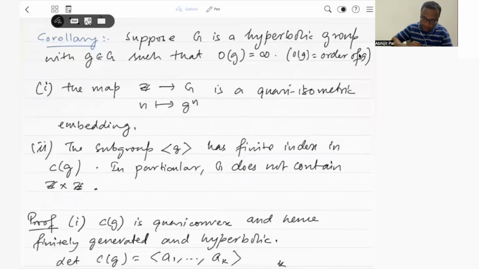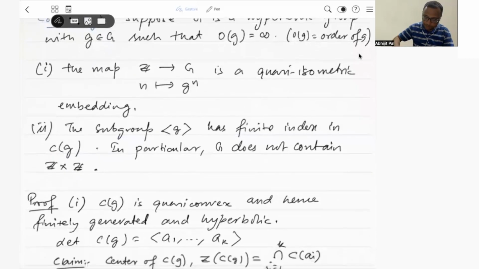And the centralizer will contain Z × Z. So this property will be violated if G contains Z × Z. Because the centralizer contains Z × Z, the cyclic subgroup will not be of finite index in the centralizer. Therefore, this hyperbolic group G cannot contain Z × Z.